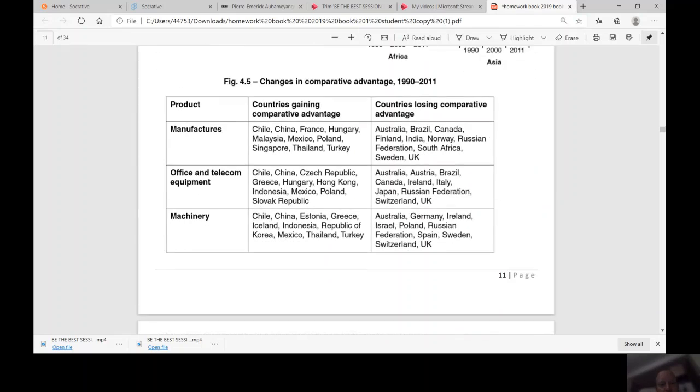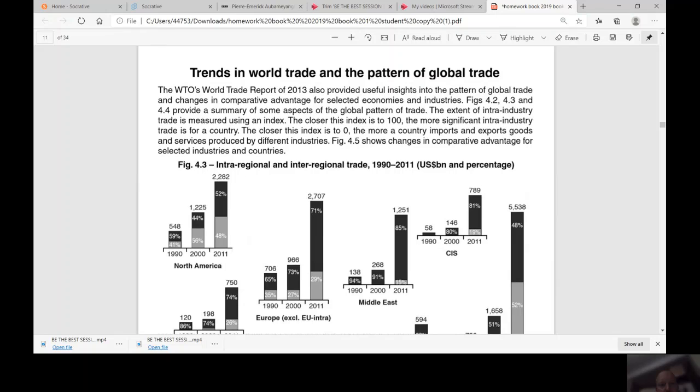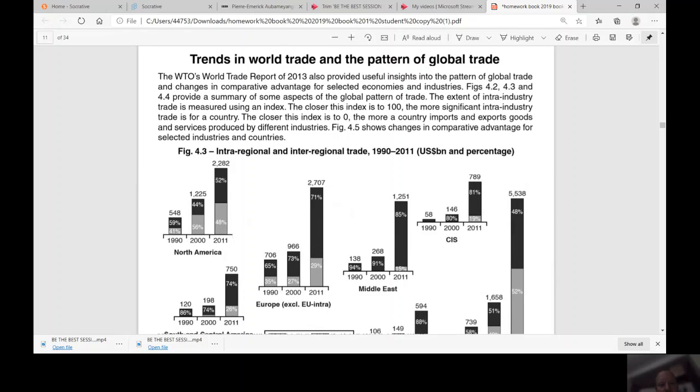So what you have is a little case study there, which shows the difference between intra and inter-regional trade. Intra-regional being trade between nations in a region, and inter-regional being trade between countries globally.